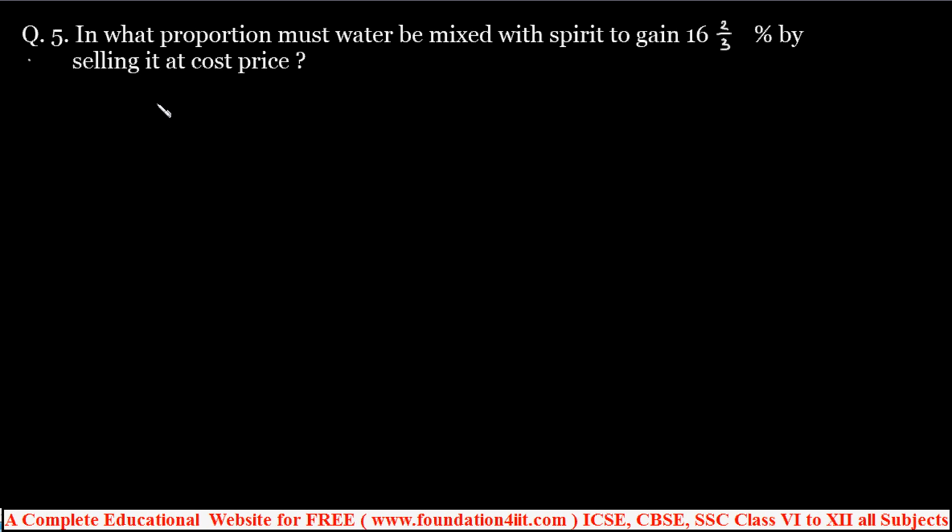So you can take x or 100 rupees or 1 to make the calculation simple. So I'm taking, let cost price of the spirit be, let us take rupees 1, per liter.